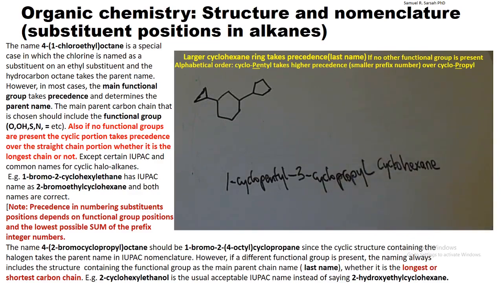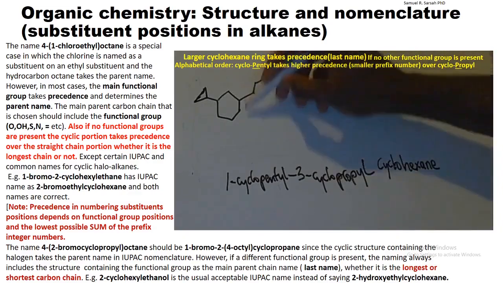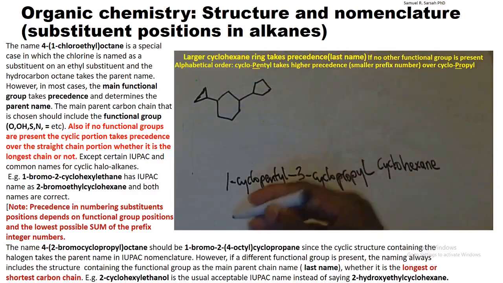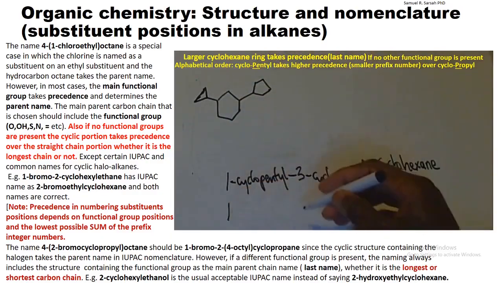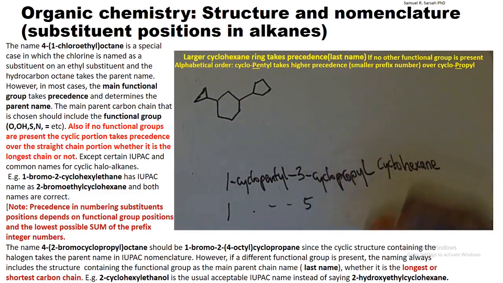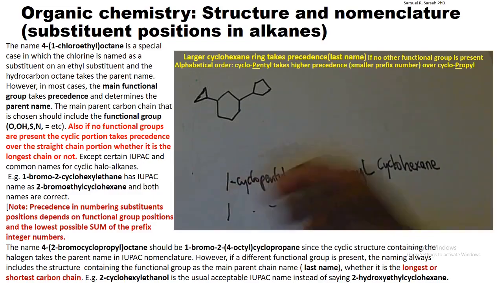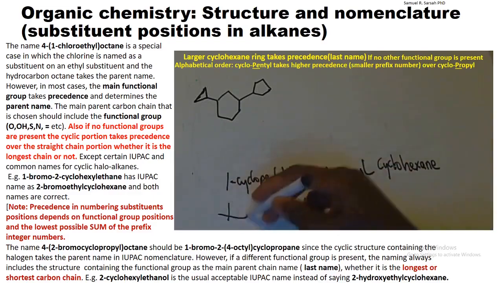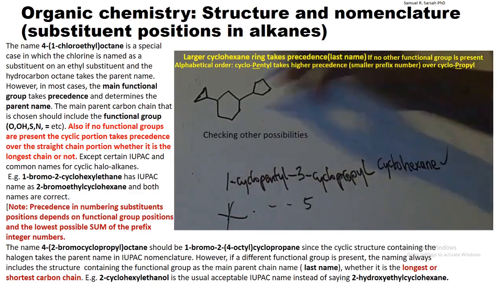Okay. Now I don't want to go through this route because if I count 1, 2, 3, 4, 5, this will be 1 and 5. So obviously 1 and 5 is bigger than 1 and 3. So I don't want to use this route. I have to use this route. So this is preferred.